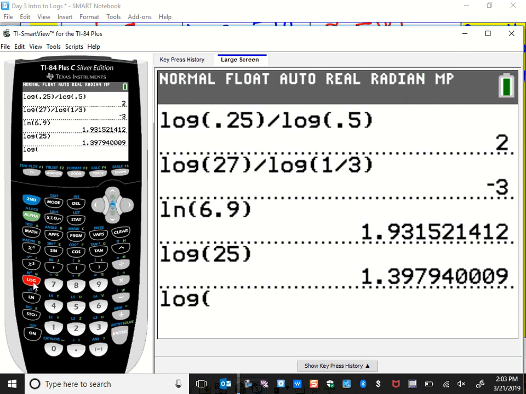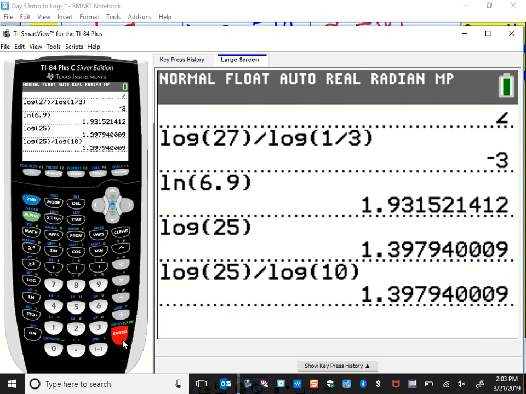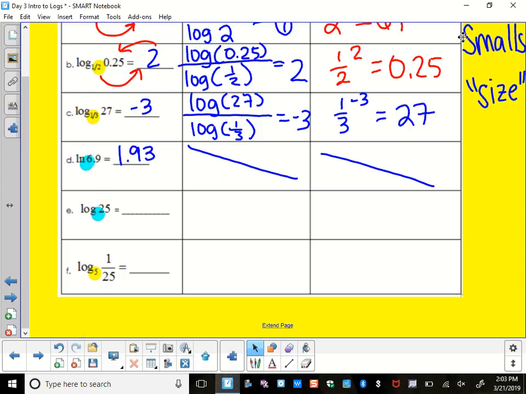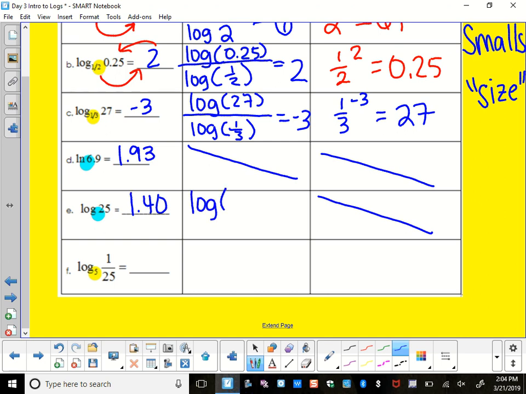So you have log of 25 divided by log of 10. You get the same answer. You would just be doing it a longer way. You can just type it into your calculator. So let's write 1.40. That's pretty easy. You don't really need this, but if you did it, you would have log of 25 over log of 10. I would know that it's 10 because that's a little 10 in there for my base.